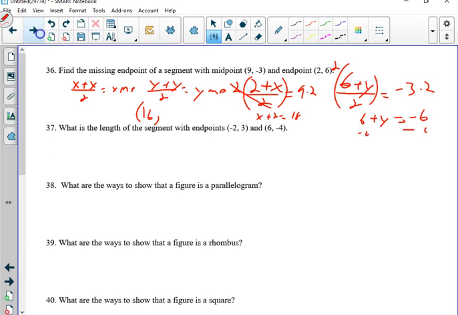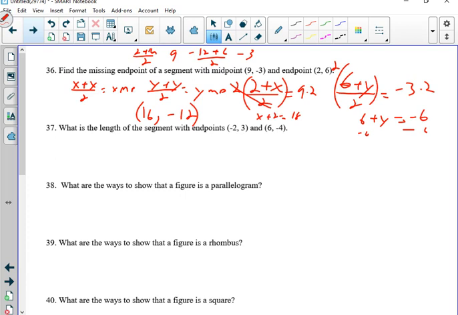Subtract 6, y is negative 12. And the nice thing about this is you can go back and check and do 2 plus 16 divided by 2 and negative 12 plus 6 divided by 2. And make sure that you end up with 9 and negative 3, which you do.